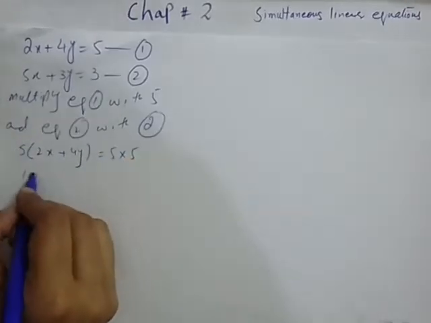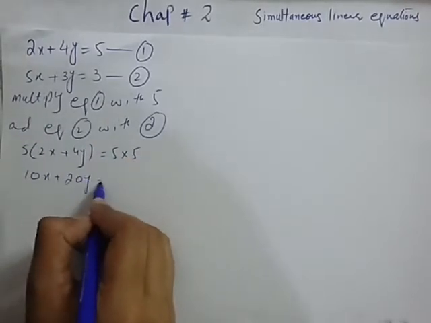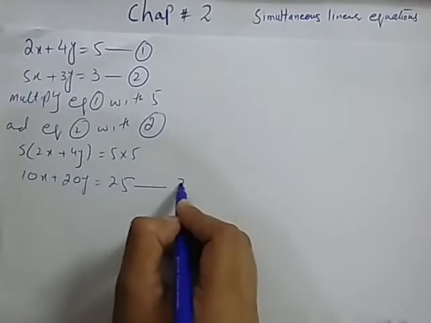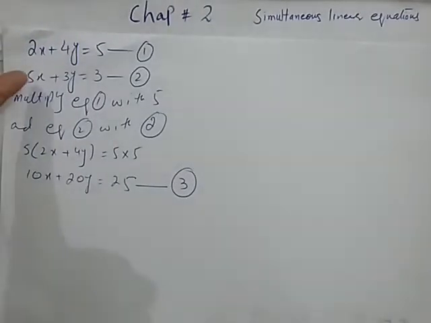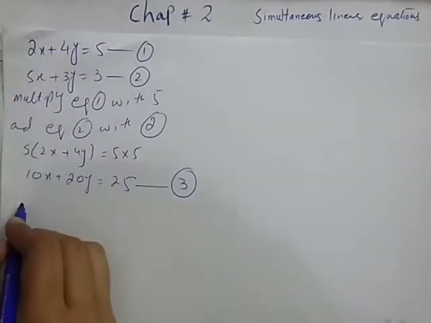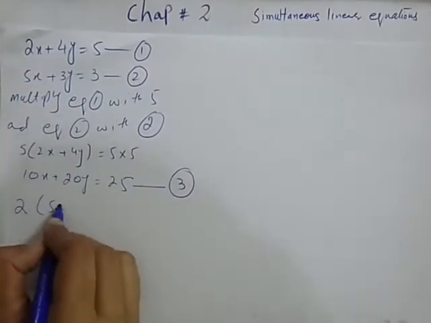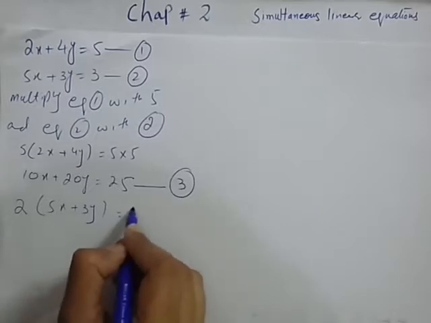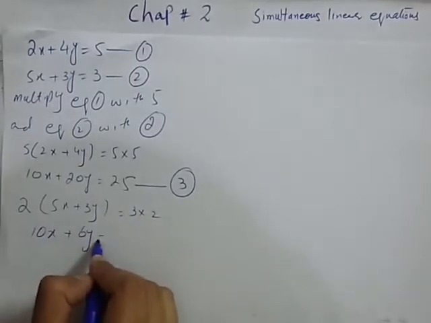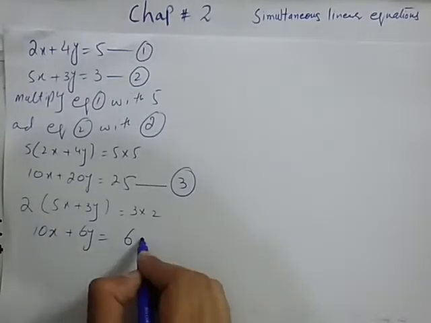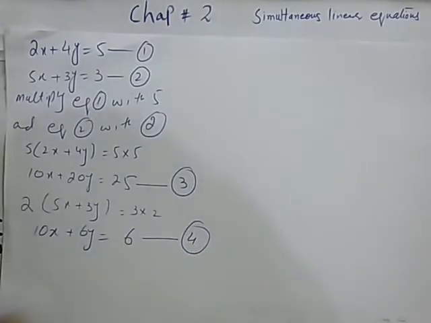Now open up the bracket. 10x plus 20y is equal to 25. This is equation number 3. Now you have to multiply equation 2 with 2. So bracket 5x plus 3y is equal to 3 multiplied by 2. Open up the bracket. 10x plus 6y is equal to 6. Now this is equation number 4.